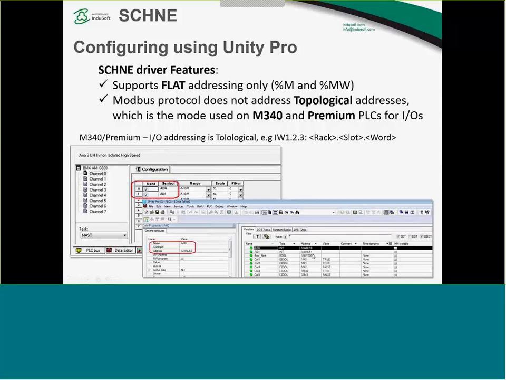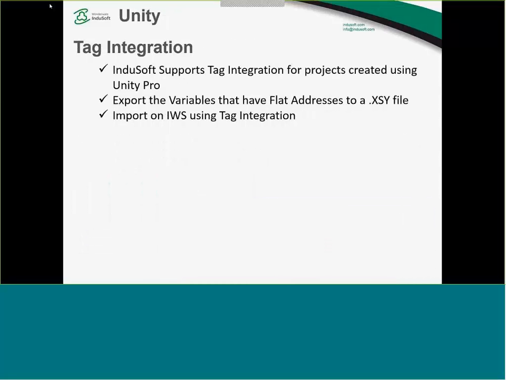So that's channel 0. Here, channel 1. This is something that the SCHNI driver doesn't support yet. That's just to make sure that I point out some of the limitations, but we're going to see how that works.